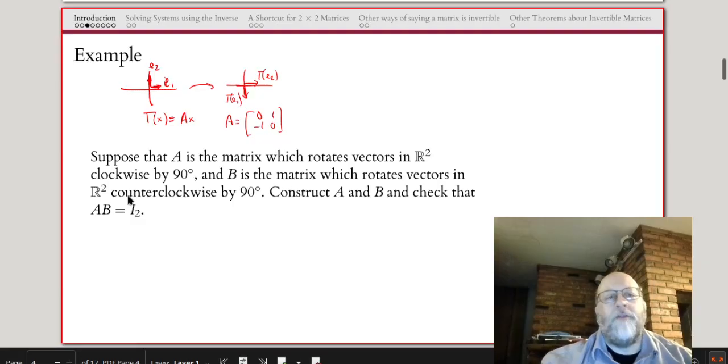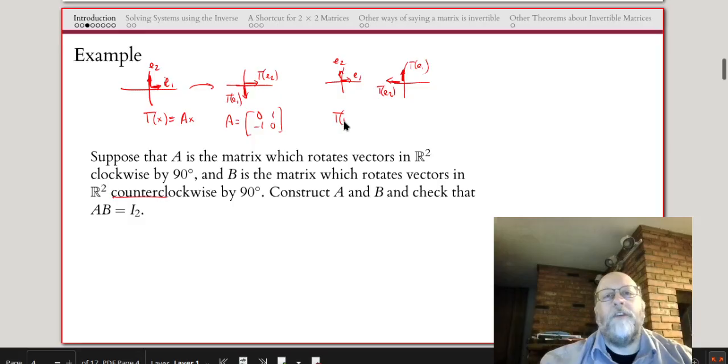And then B is the matrix that rotates vectors counterclockwise by 90 degrees. So that takes E1 and E2 and transforms them counterclockwise, so the transformed version of E1 and the transformed version of E2 go here.